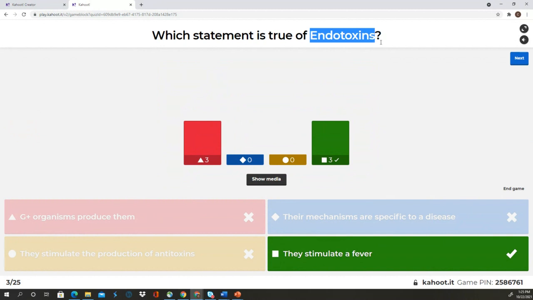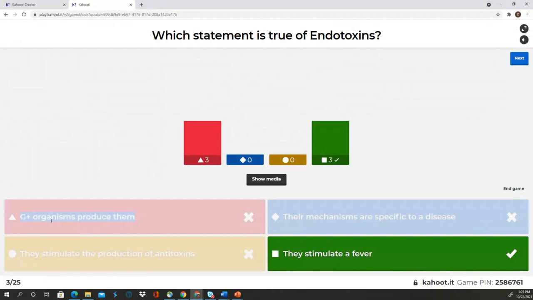LPS is the endotoxin, so all gram-negatives have them all the time. I believe in class I said that technically there might be a couple of oddball gram-positives that produce them, but normally it's going to be gram-negative.